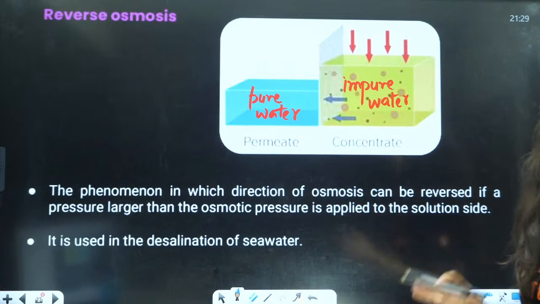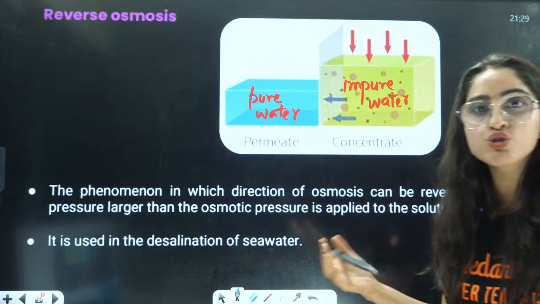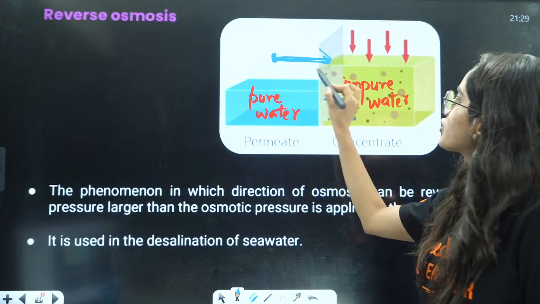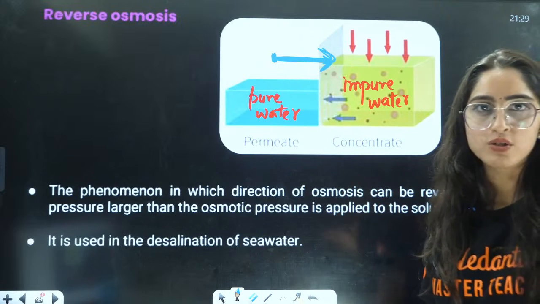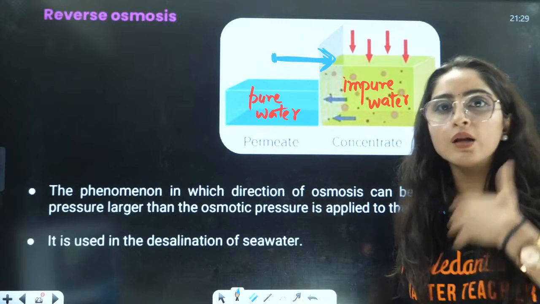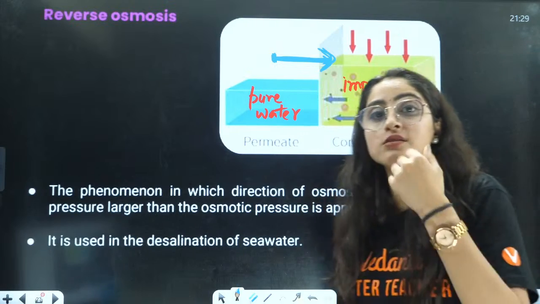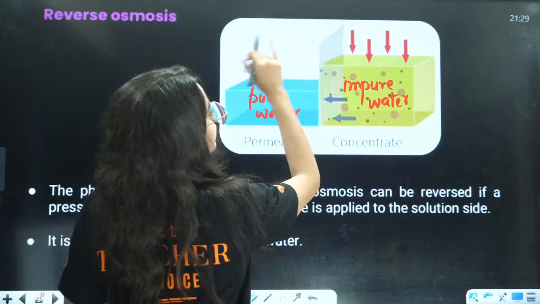See, during osmosis, what should happen? Pure water will have more solvent, so it should move from this side to this side. Water should move from this side to this side, that is osmosis. If I am applying external pressure, then I will stop the osmosis. If I am applying external pressure more than the osmotic pressure, then it will do the reverse thing.